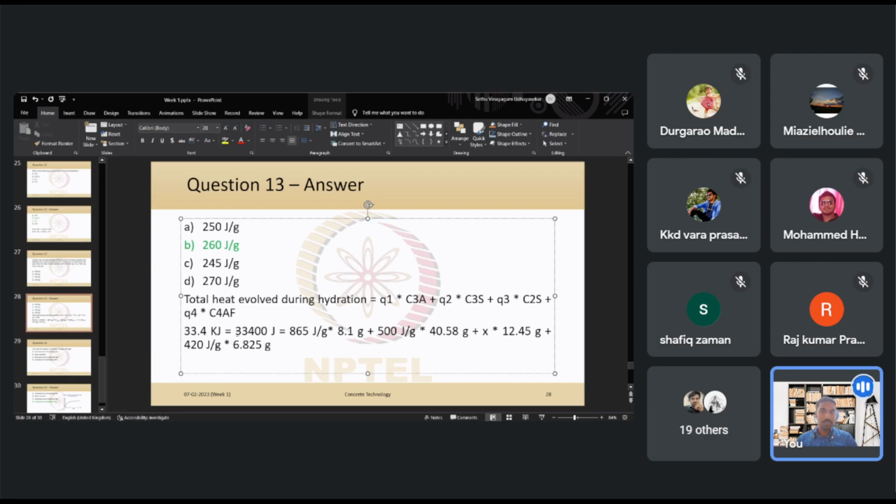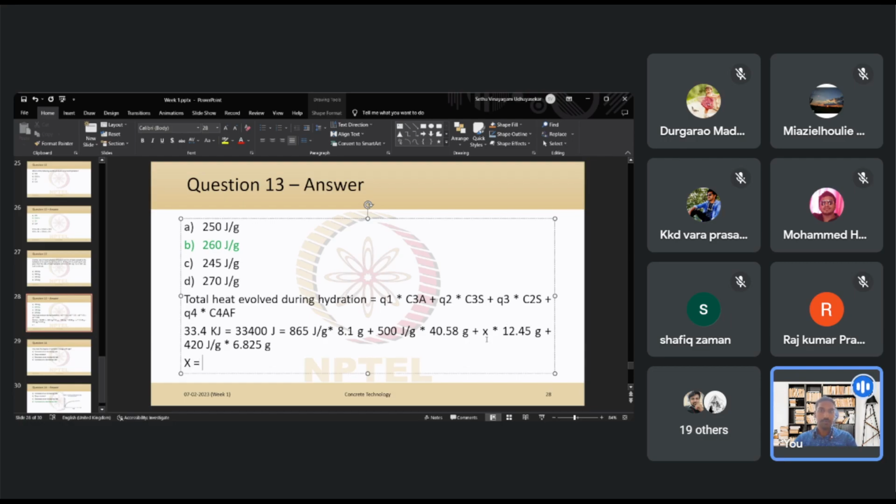So we know the total heat evolved, we know the individual masses and also the rate of heat of hydration for three quantities. For one quantity it is not known, we can easily find that out, right? So if you just solve this equation, you just have to find the products of these three terms and then subtract it from the total heat, divide by 12.45.